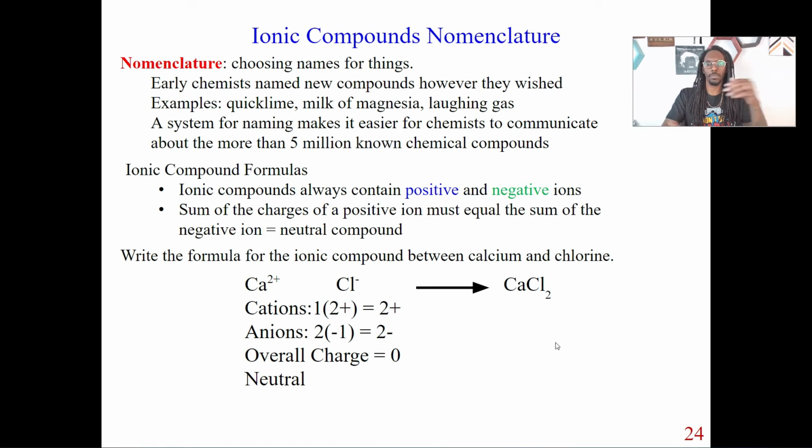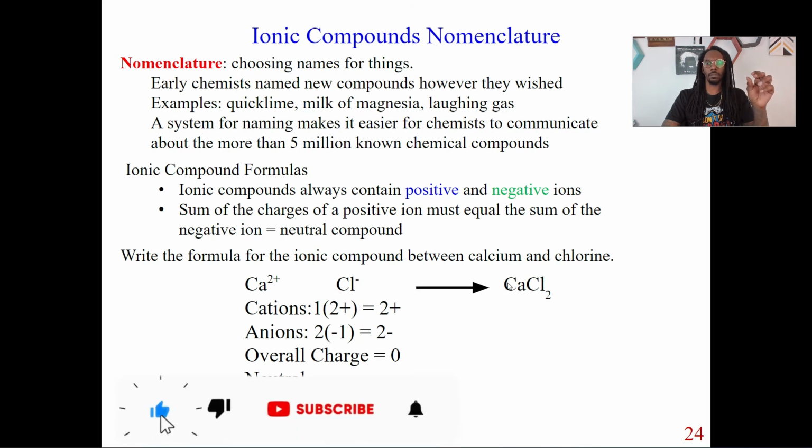So it's neutral. Because this is a neutral compound, the sum of your charges of a positive ion must equal the sum of your negative ions. So in this case, I need to make sure that my +2 will be equal to a -2 over here. A cation is a +2, and our anion is a -1.